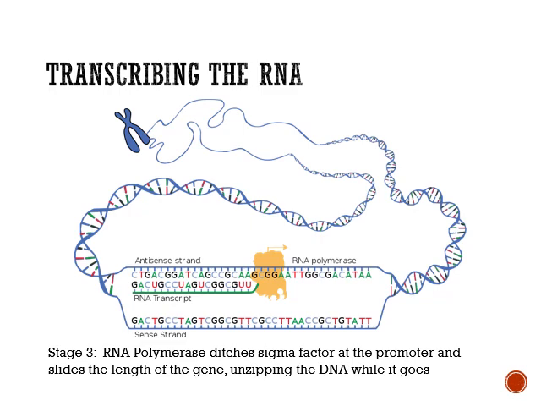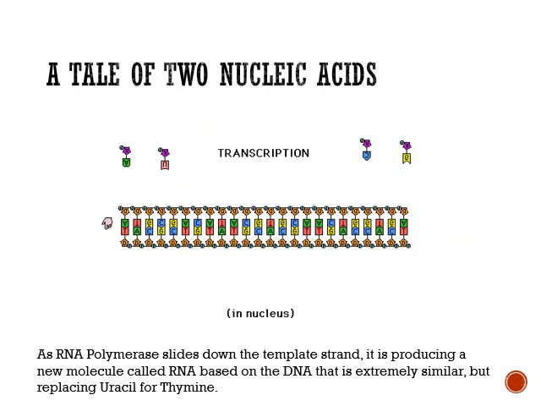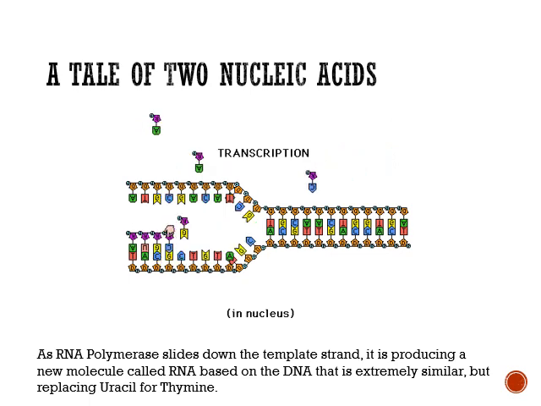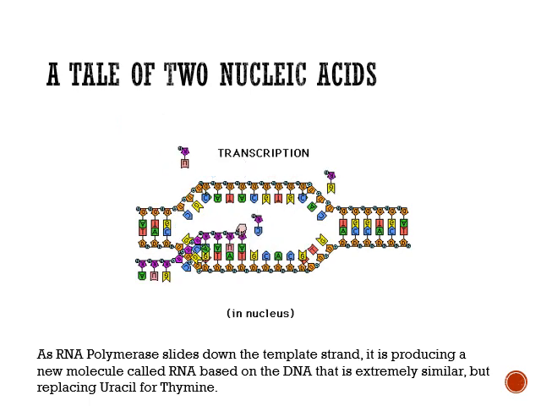That polymerase is producing this RNA based off of that strand of DNA. So that RNA polymerase is sliding down the template strand, producing a new molecule that's RNA. And it's based on DNA that's extremely similar. Instead of uracil, though, it's got thymine.